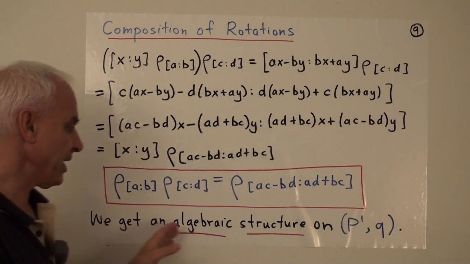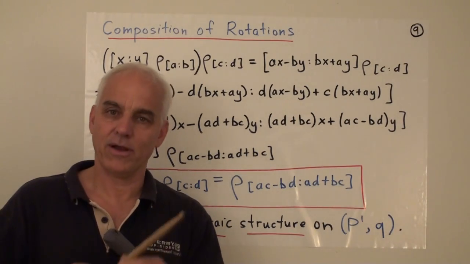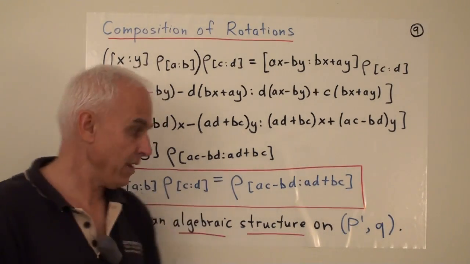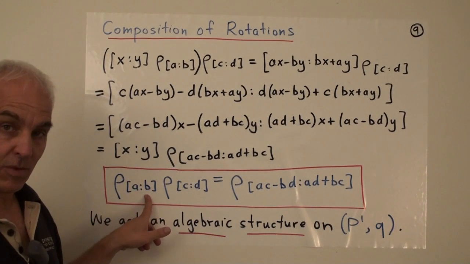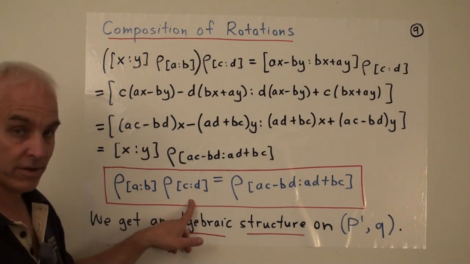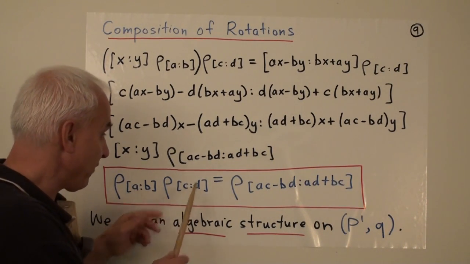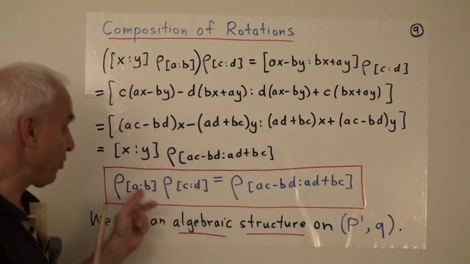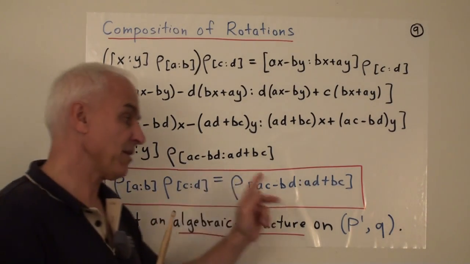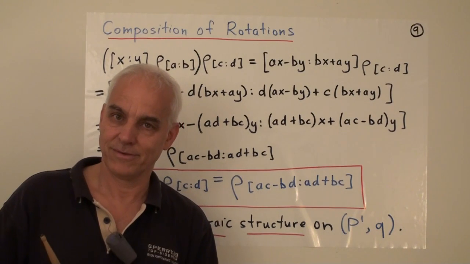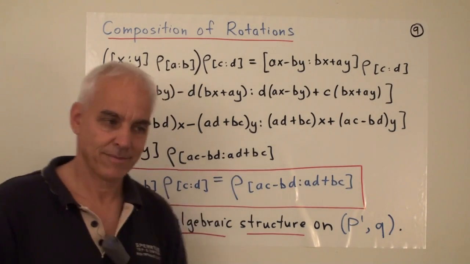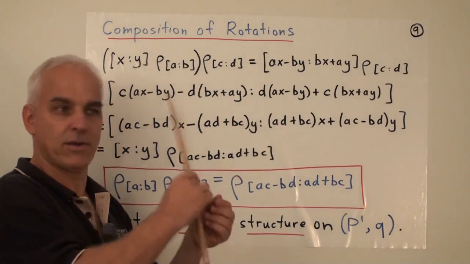And what we're getting is really an algebraic structure on our underlying projective line. Because this is just a projective 1 point, and here's another projective 1 point. And what we really have here is a way of multiplying two projective 1 points to give us a third projective 1 point. Now this one times this one equals another one.